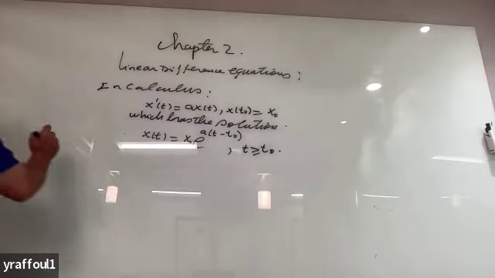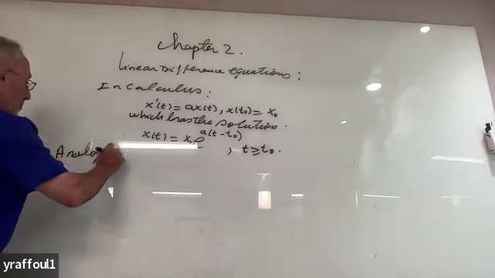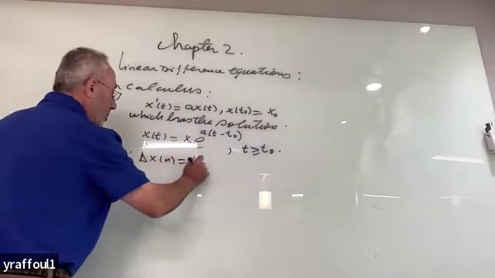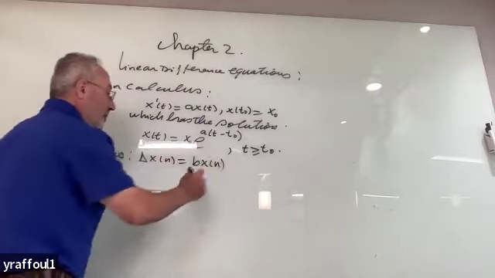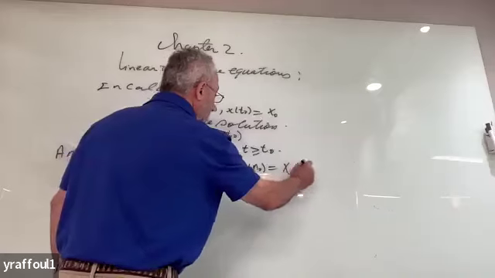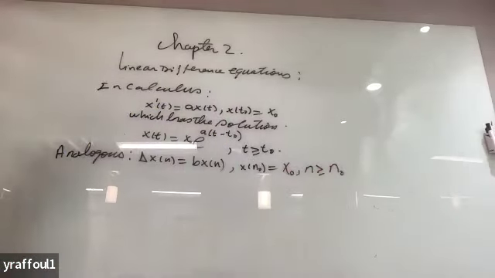Now, the analogous is del xn equal b xn with xn of 0 equal n0, n bigger or equal to n0. Okay?